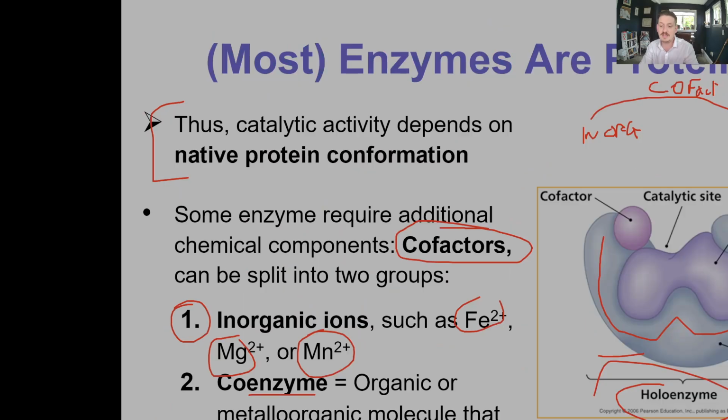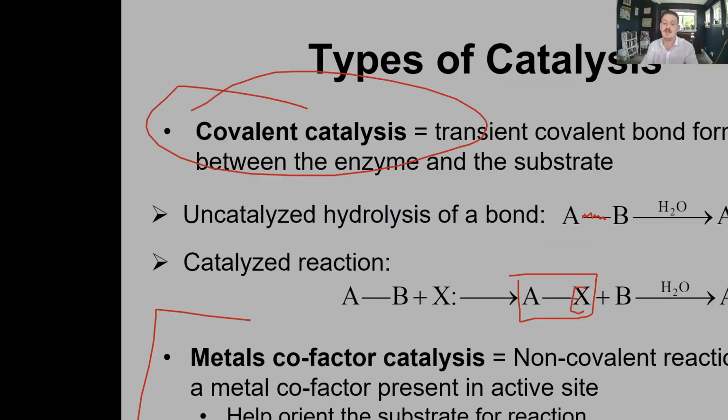So sometimes the magnesium ion can help stabilize the transition state, or it may accept or donate electrons in redox reactions. There's a few different ways in which the metal cofactor may help the reaction proceed, and we're going to cover that in glycolysis, the TCA cycle, things like that, which is why I'm introducing it now, so that when I talk about it later, it's going to come up.